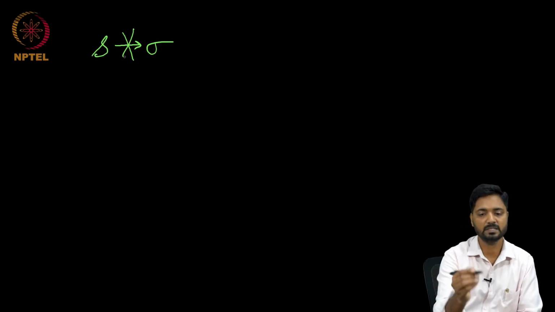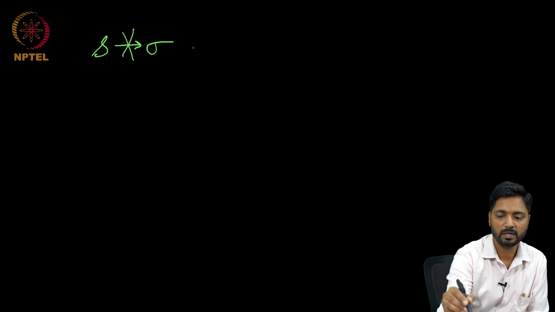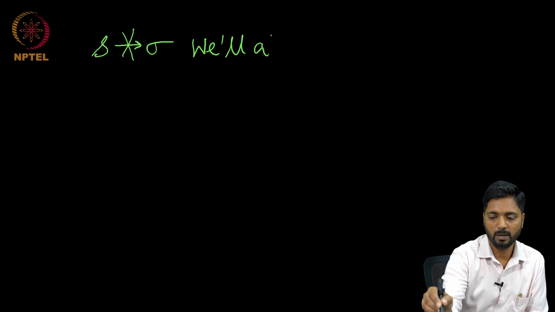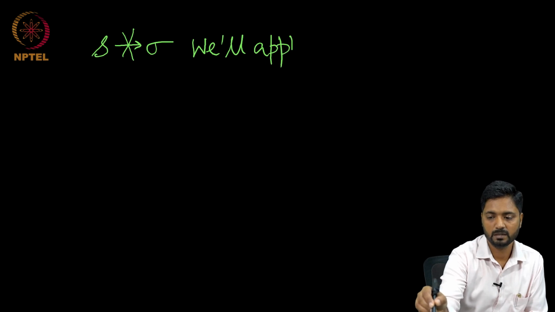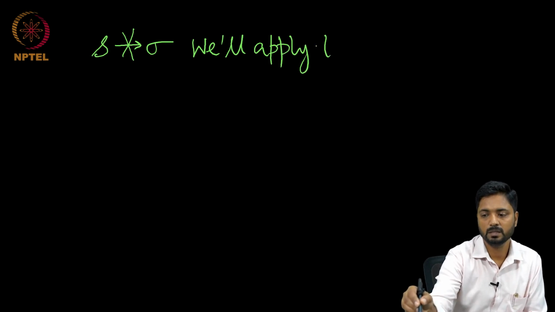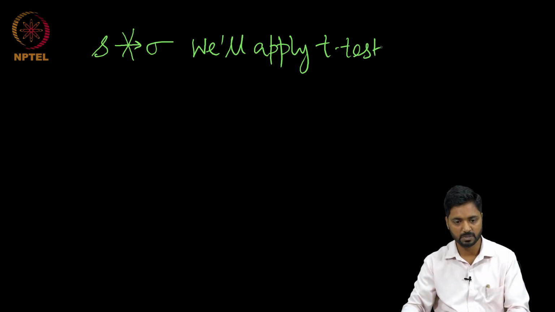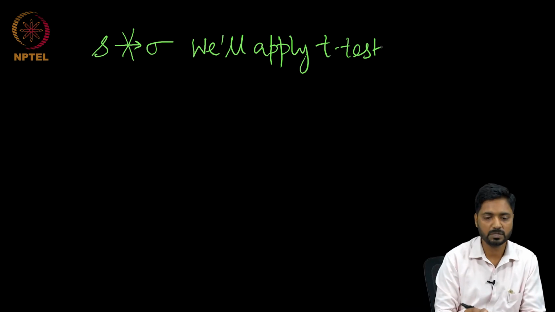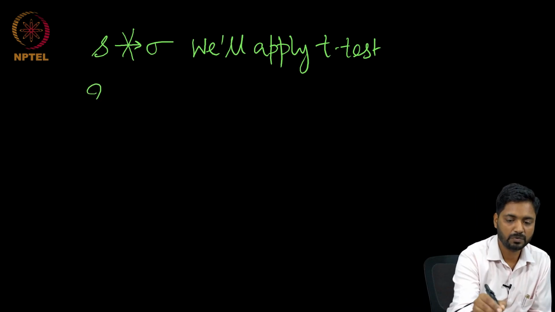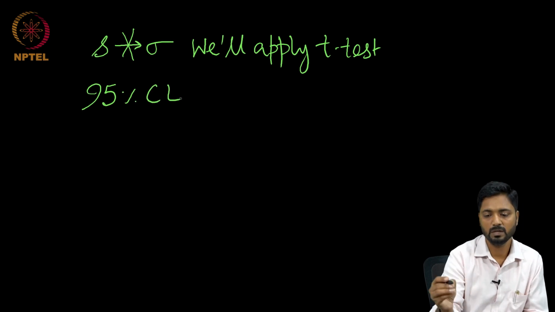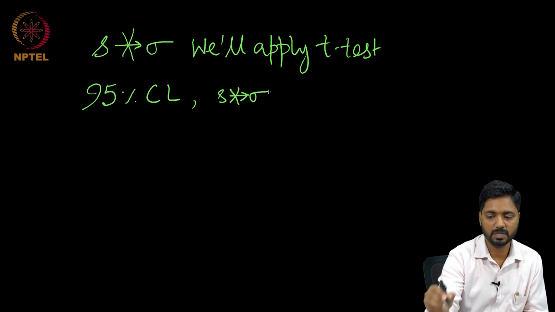In that case, we will be applying the T-test and use the appropriate T values. Let us consider the first case, which was at 95% confidence level, S not tending to sigma.